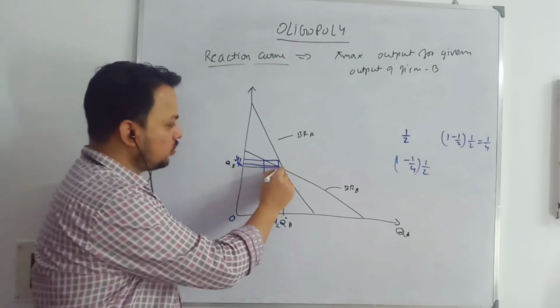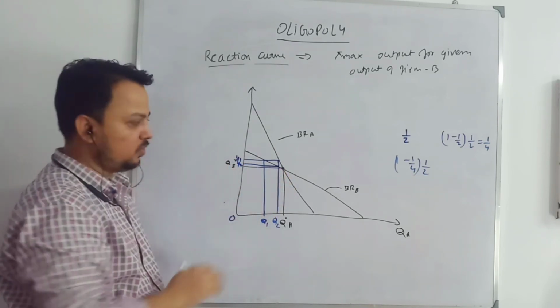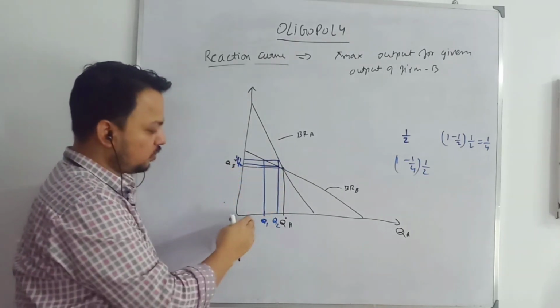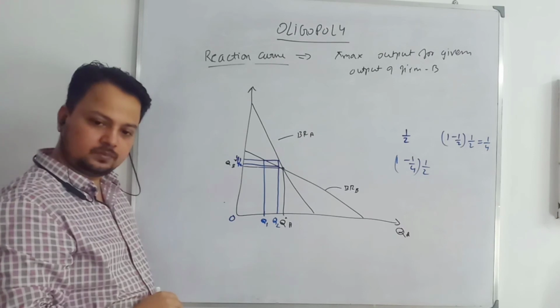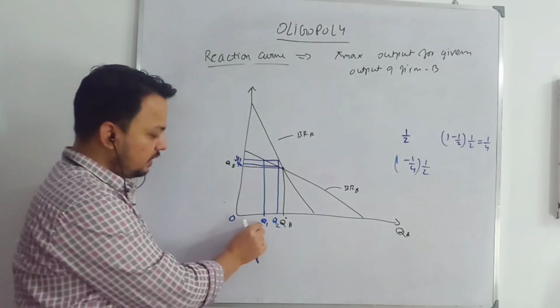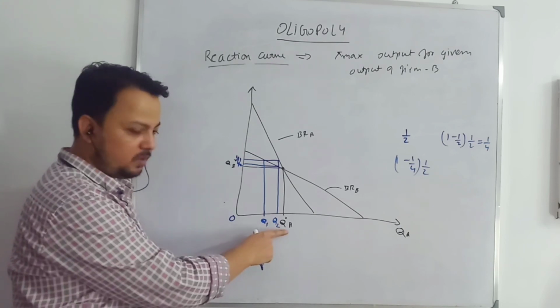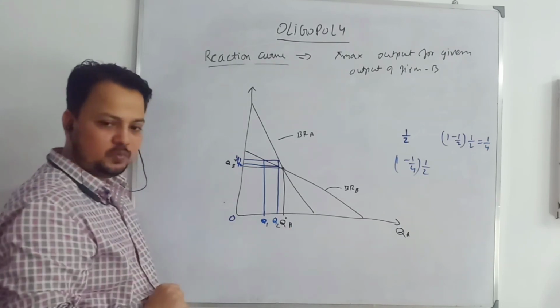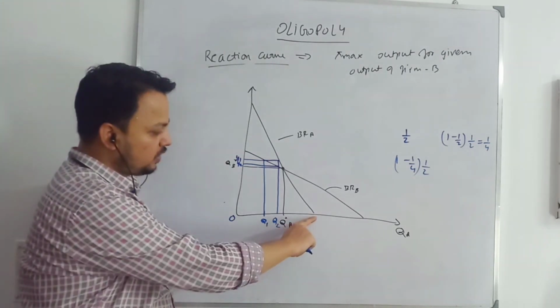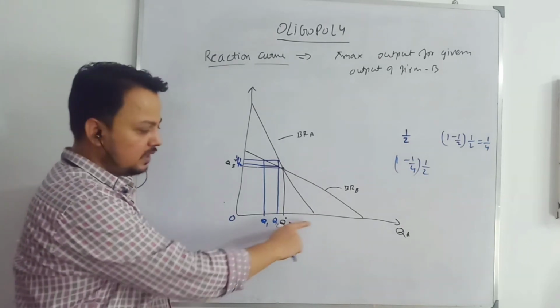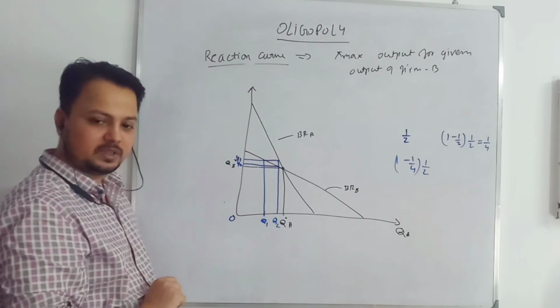This process will continue until we reach this equilibrium. You can see we are moving towards equilibrium. Firm B is reducing its output, firm A is increasing its output. So if we start where firm 1's output is lower than the equilibrium output, we will reach the equilibrium. Similarly, if the output level of firm A is higher than QA star, we will also reach the equilibrium.